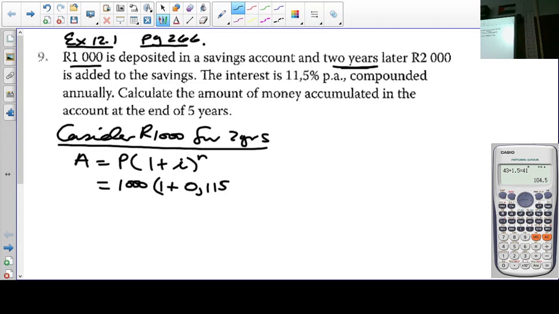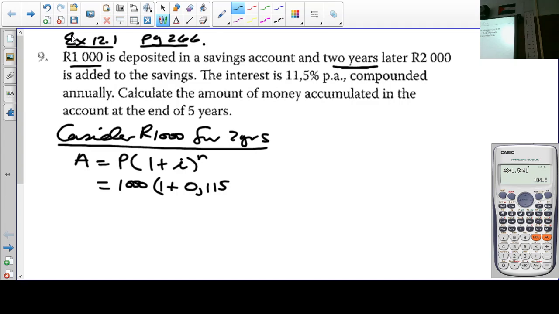Isn't it 11.5 over 100? Is that what you want to say? Now you put on a calculator 11.5 divided by 100 and tell me what did you get? Exactly that. So from now onwards, you'll always see me convert that percentage, its r value, over 100 to get the i value out.